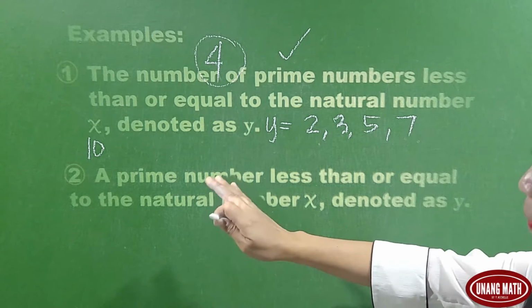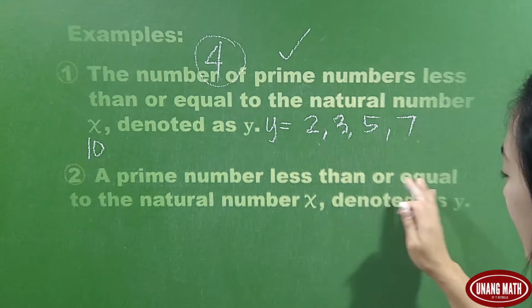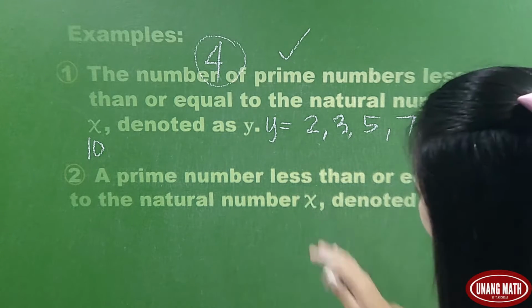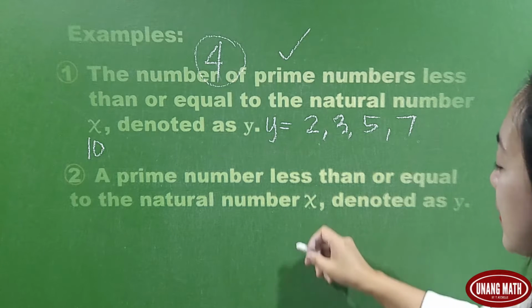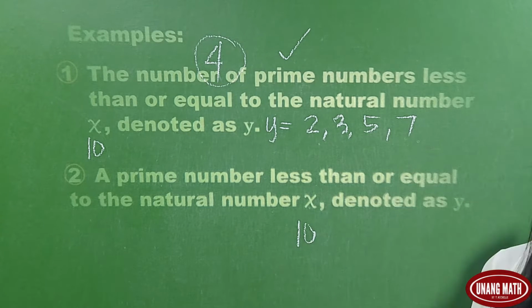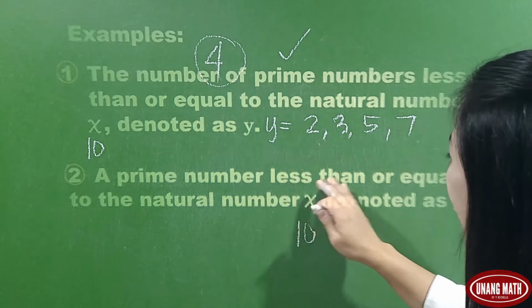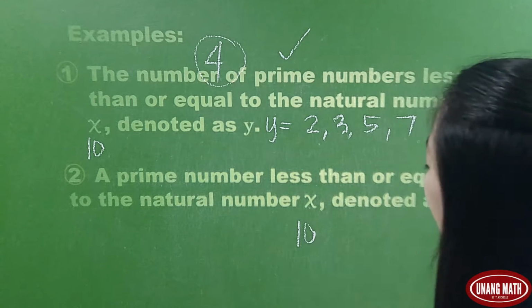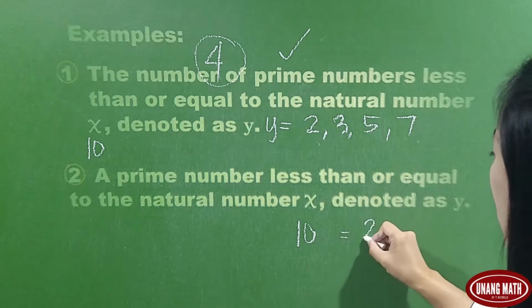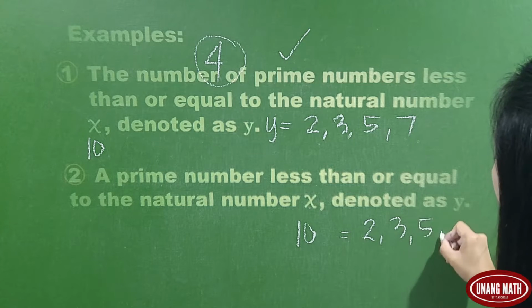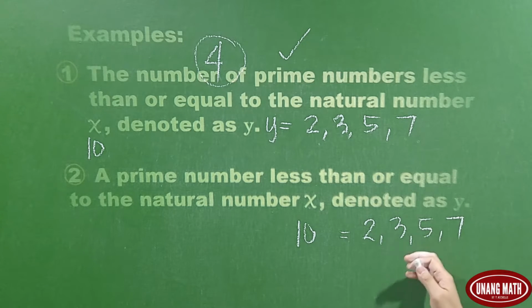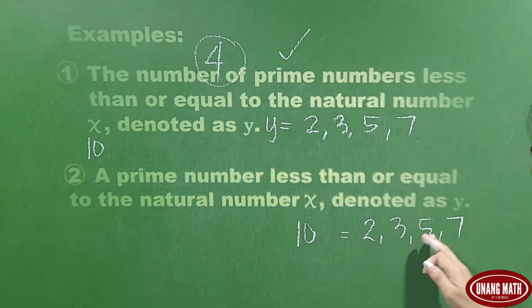What about number 2? A prime number less than or equal to the natural number x, denoted as y. Let's say x is 10. So, prime numbers less than or equal to the natural number 10: we have here 2, 3, 5, 7. It's asking for the prime number, so we have 2, 3, 5, 7.